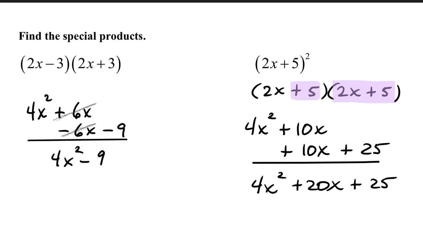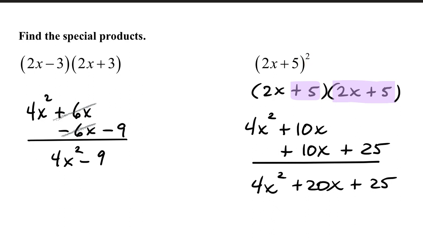In the example to your right, we have 2x plus 5 quantities squared. If you square just a number term like 7 squared, that's two 7s multiplied together. And the same thing works out with algebraic terms. If it's all squared, that just means there's two of them.